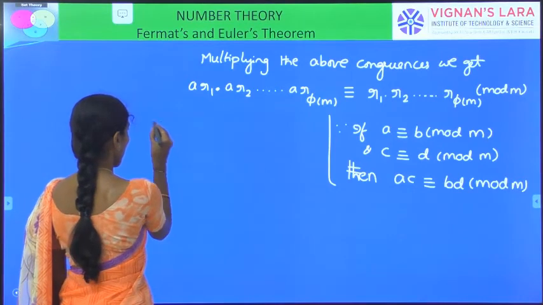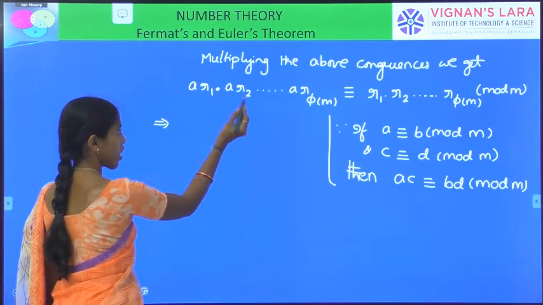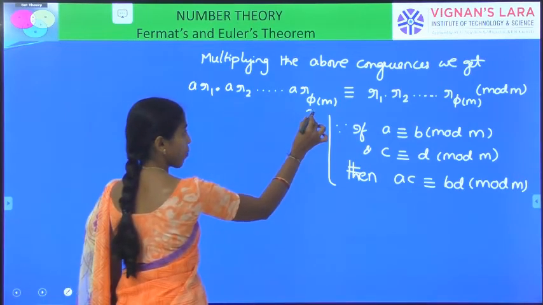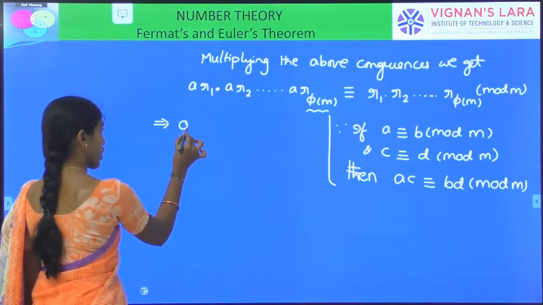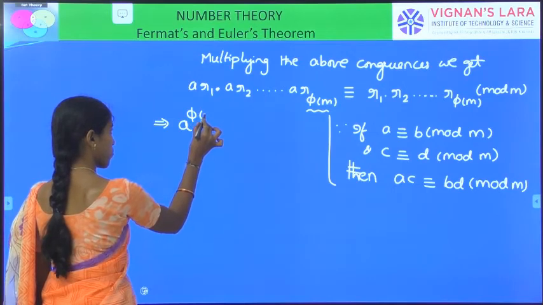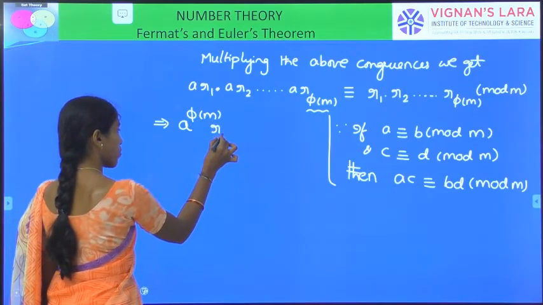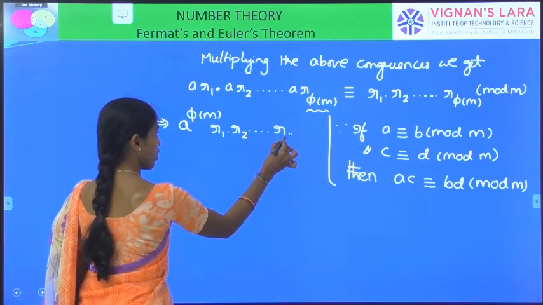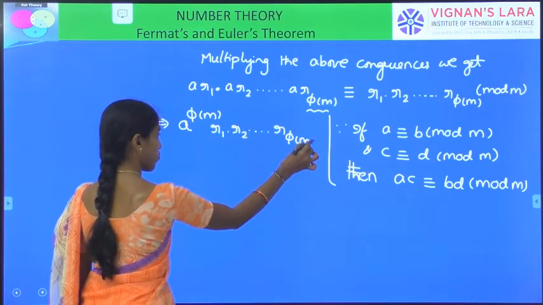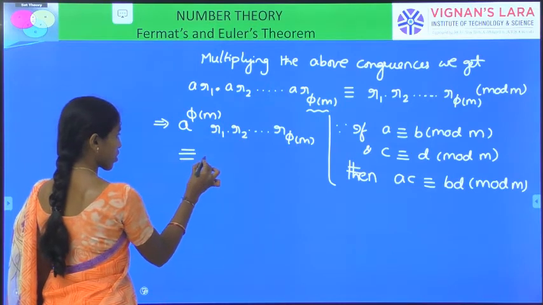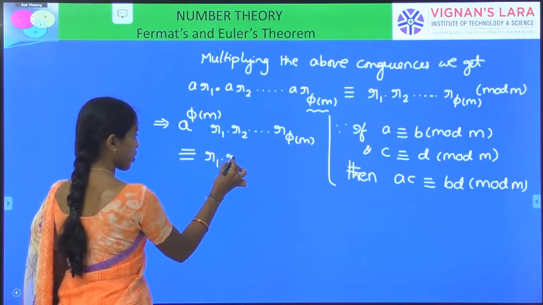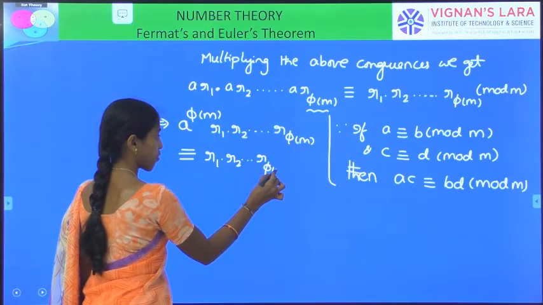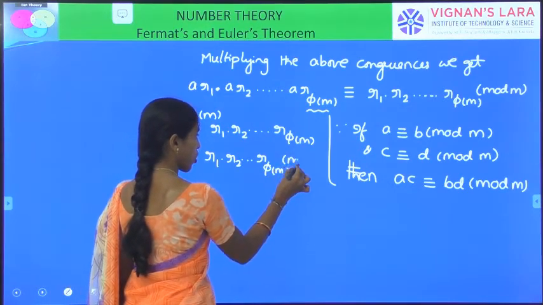Now if you observe, how many a's are there? We are multiplying a how many times? Phi of m times. So, a to the power phi of m into R1 into R2 into so on into R phi of m is congruent to R1, R2, so on R suffix phi of m modulo m.